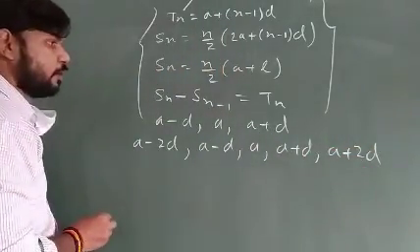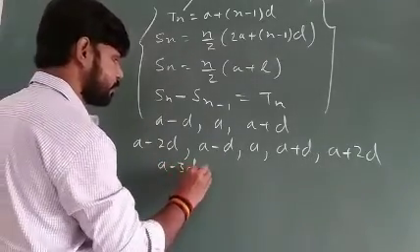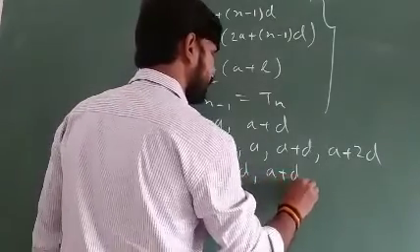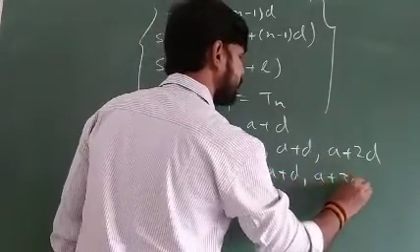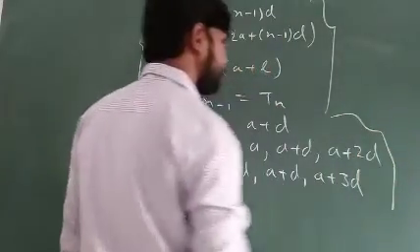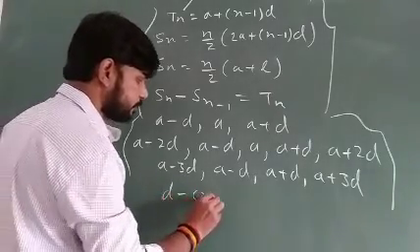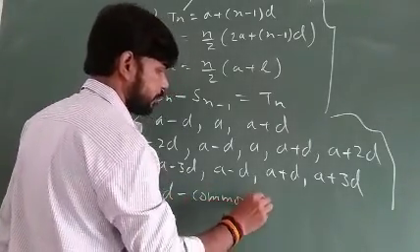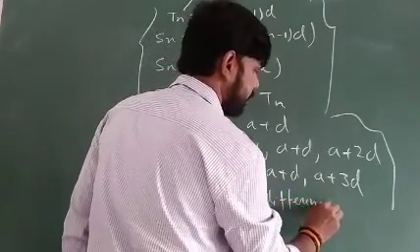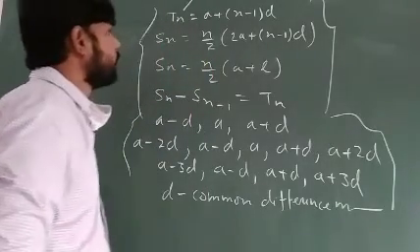Similarly, if you have to assume four numbers, then you will assume a minus 3d, a minus d, a plus d and a plus 3d. In all the topics we have mentioned, we have kept in mind that the common difference d must remain the same.